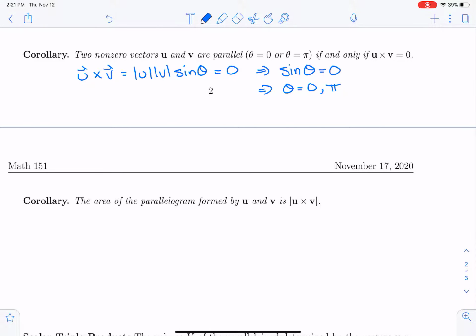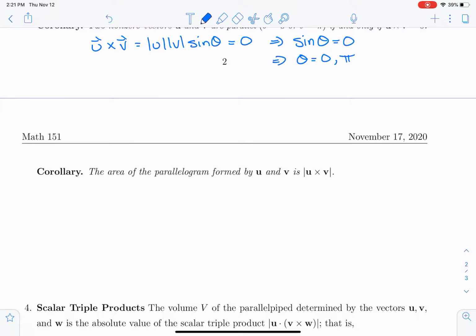The second corollary of this theorem is that the area of a parallelogram formed by u and v is actually the magnitude of u cross v. So what do I mean? I'm going to draw a vector. We'll call this vector u. And then I'll draw another vector, we'll call that vector v.